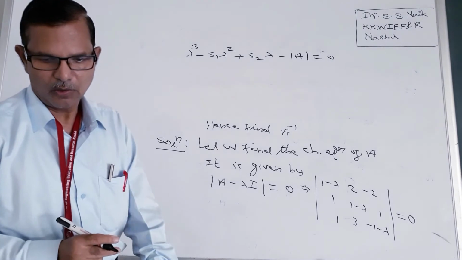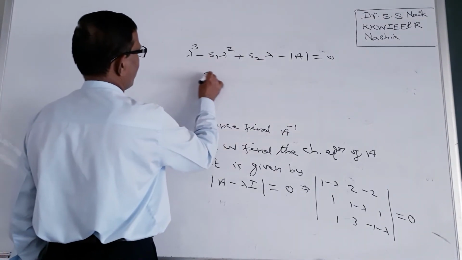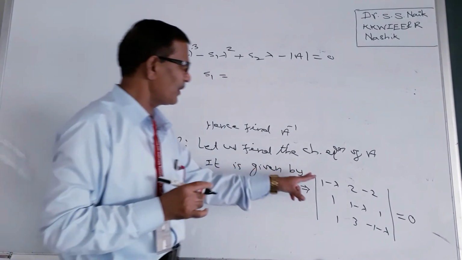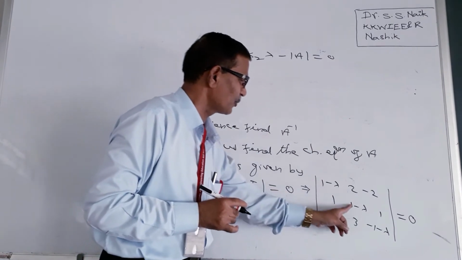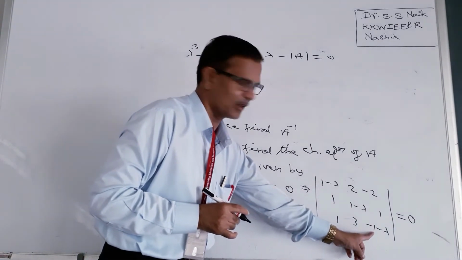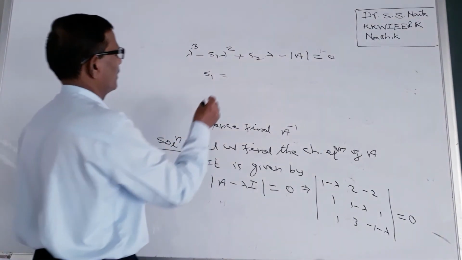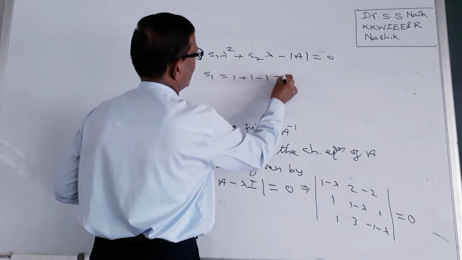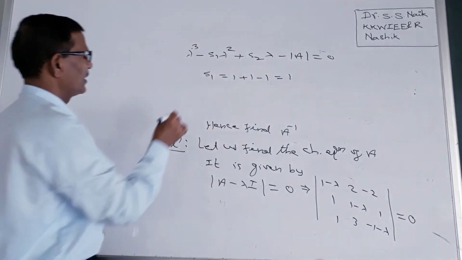So we'll find S1. What is S1? S1 is equal to the sum of the diagonal elements of A, that is the given matrix. 1 plus 1 minus 1 is equal to 1. That is S1. Then what is S2?